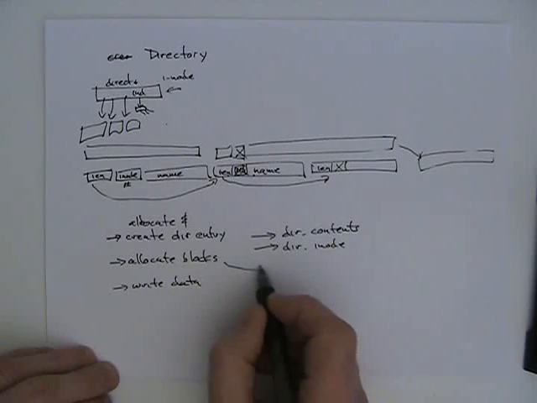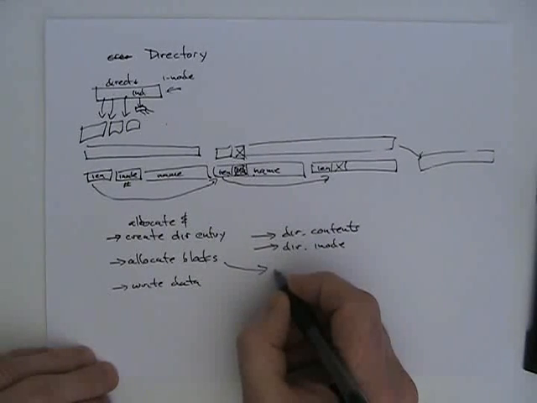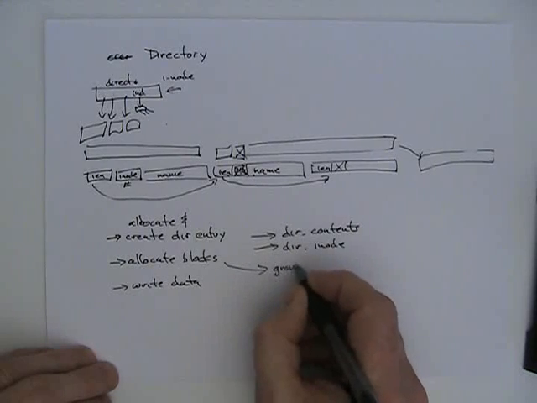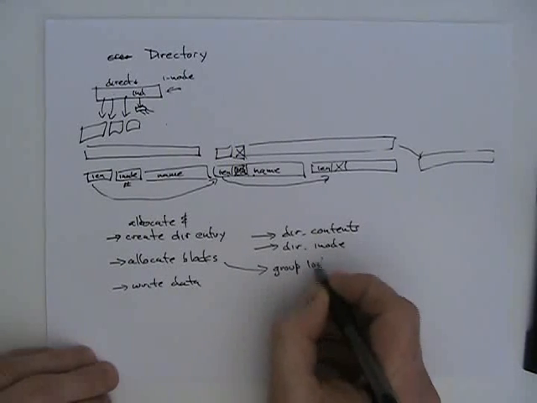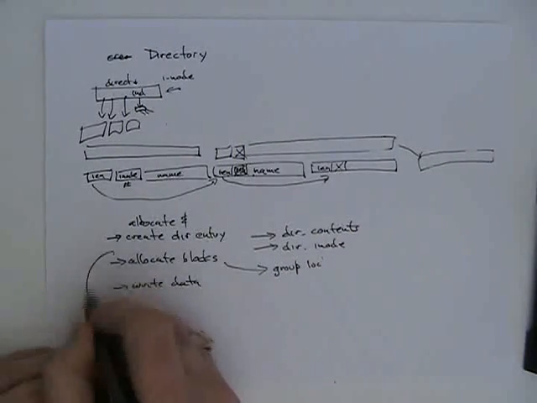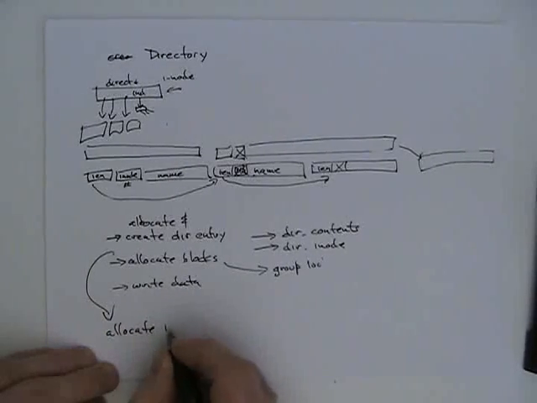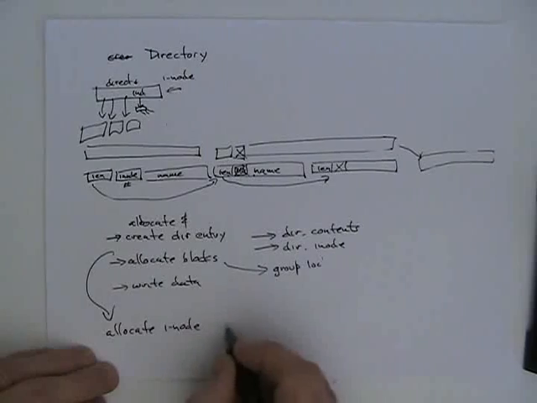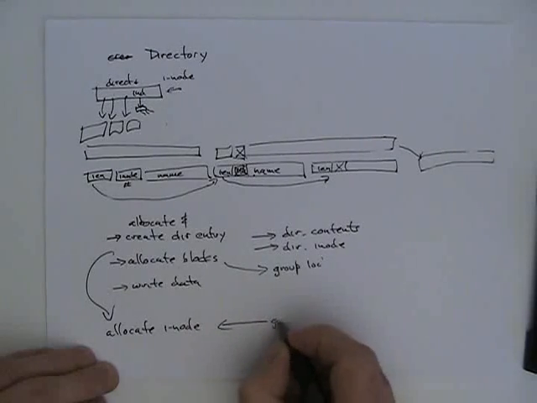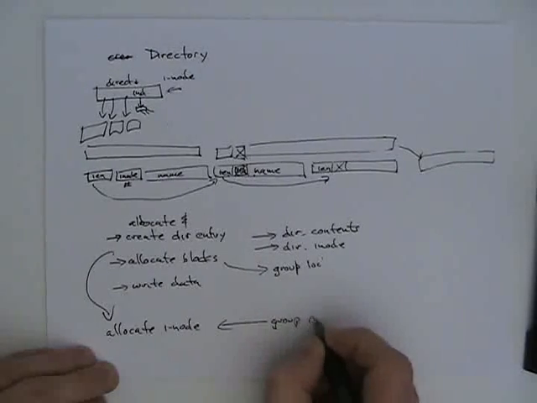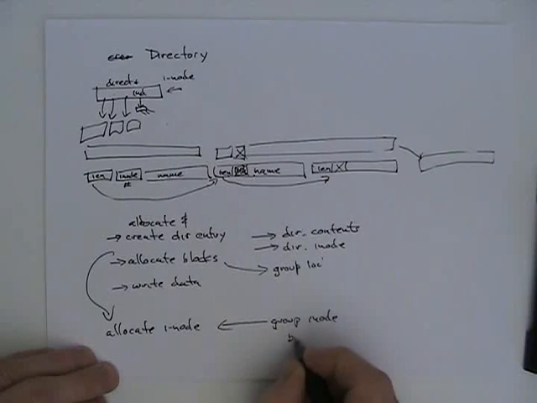Now, allocating blocks updates the group. We have to allocate an inode. This updates the group inode bitmap.